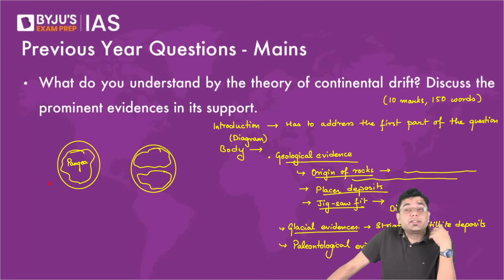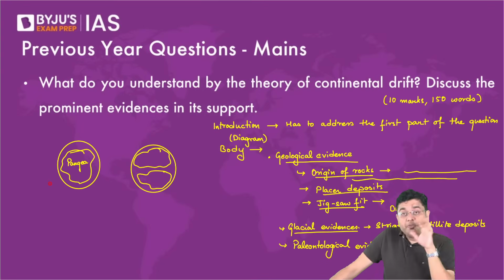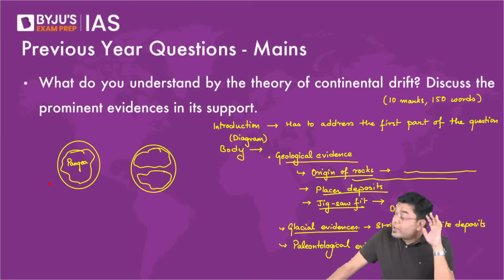This is the best answer that anybody could have written. And by reading this answer, the evaluator will be so very happy that the evaluator will not only give me marks, the evaluator will give me extra bonus marks as well. So get rid of that presumption, first of all. The evaluator is not interested in your copy. With that assumption, you have to write an answer.